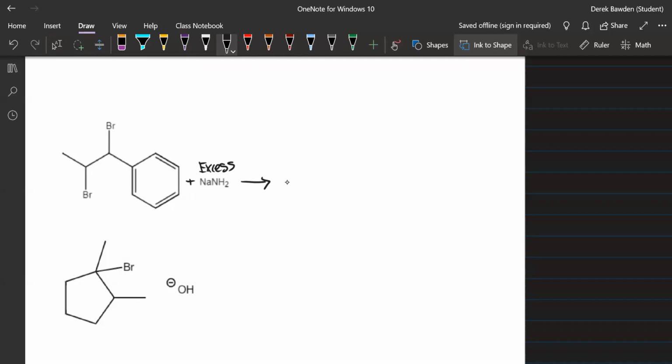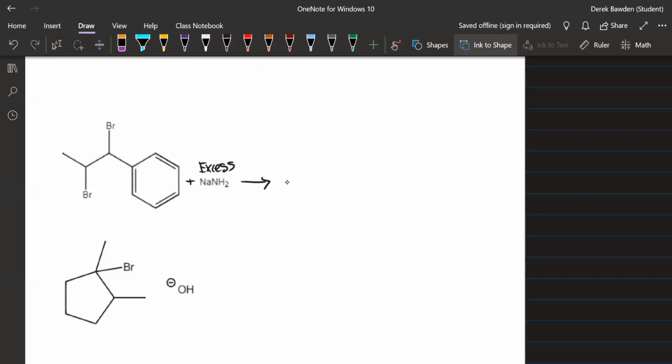Did he go over this one? Excess NaNH2, any proton giving, right? Because NH2 is very proton giving. That's in excess, so it's going to take all leaving groups down to double bonds.